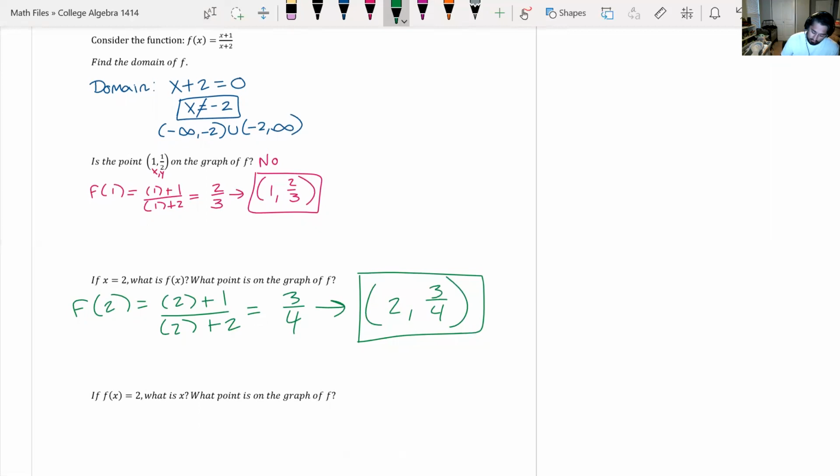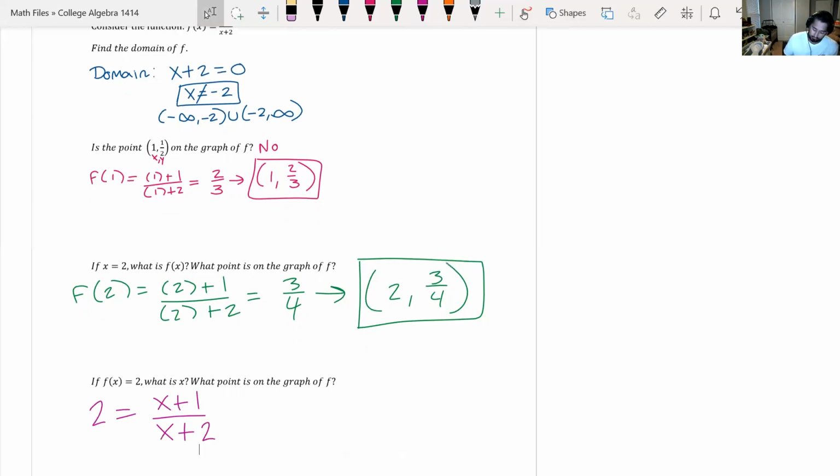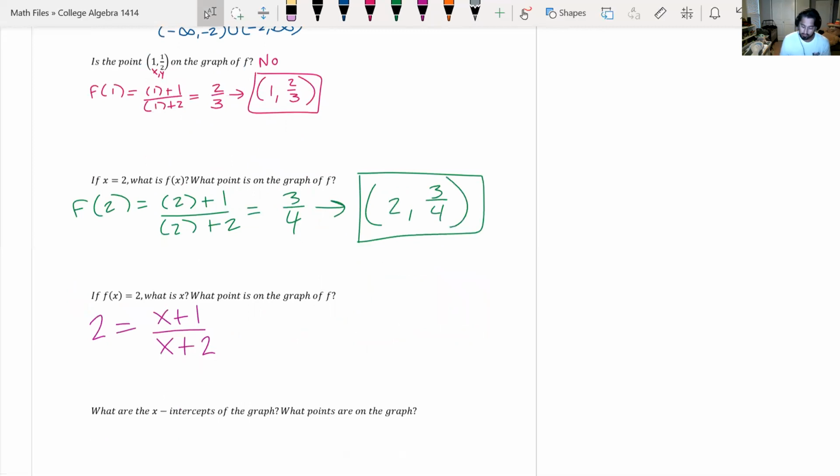So since f of x equals 2, this means you set 2 equal to the function x plus 1 over x plus 2 and solve for x.